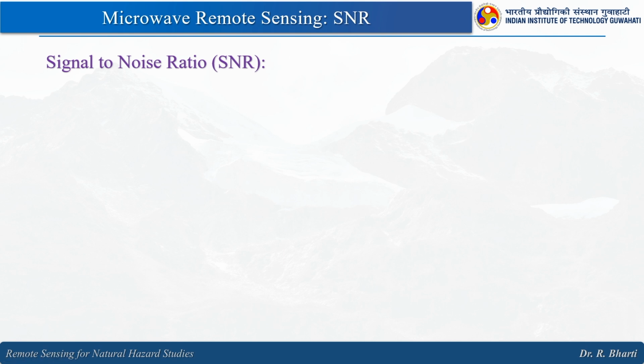Then it is very important to characterize our data: what is the strength of the signal, whether it has noise, and what is the intensity of the noise in our data. We calculate that using the signal to noise ratio, SNR, which is very commonly used in different areas.